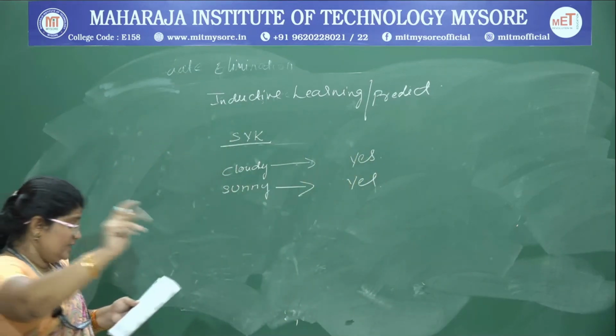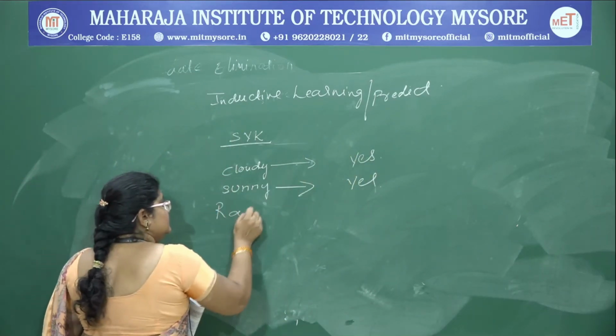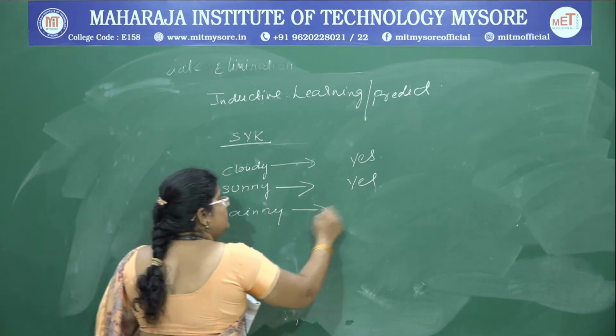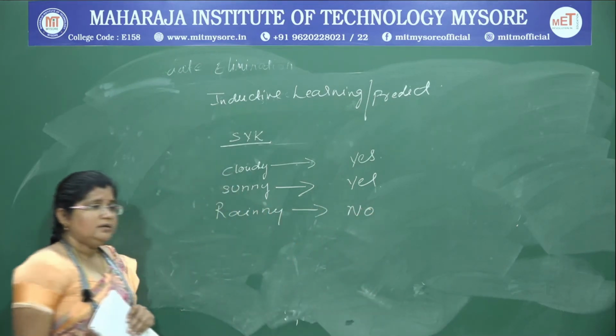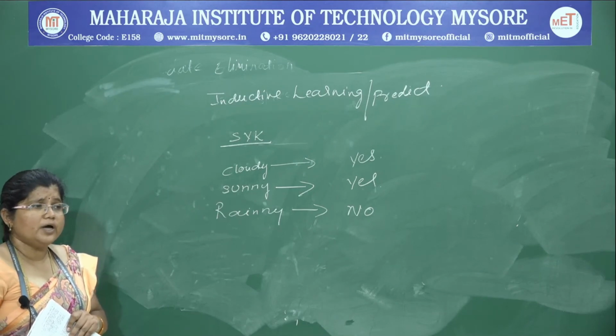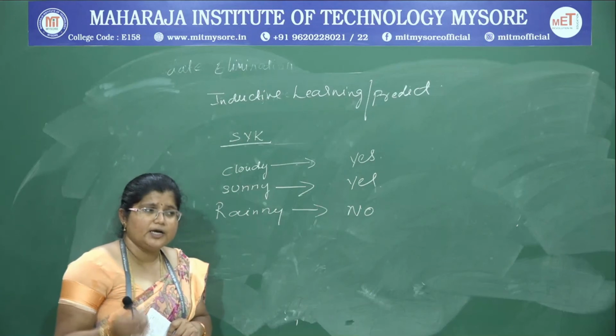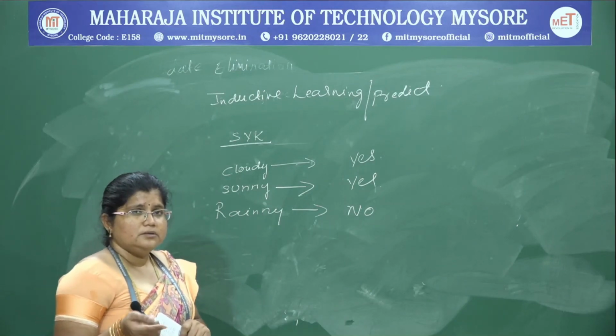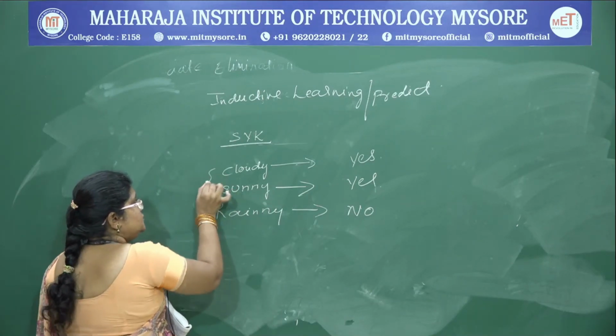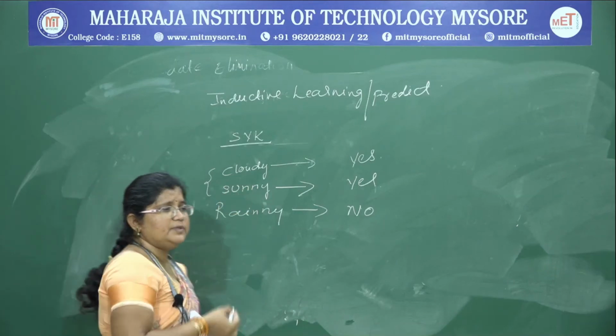But when it is rainy, he can't play the water sport. So when you are generating a hypothesis in a generalized form, these two, cloudy and sunny, are acceptable.